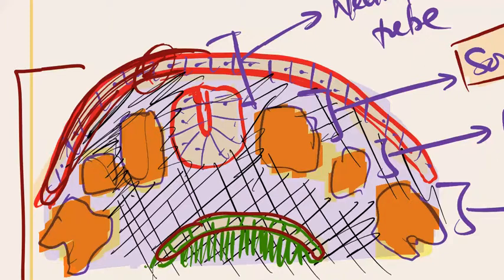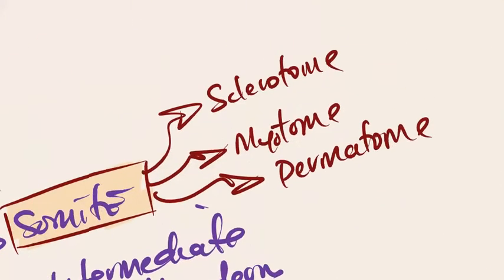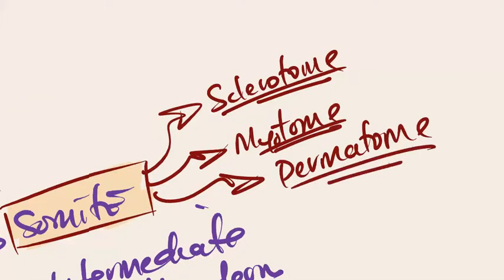The paraxial mesoderm is also called your somite. It will break up into the somites, and the somites are further subdivided into your sclerotome, your myotome, and your dermatome.